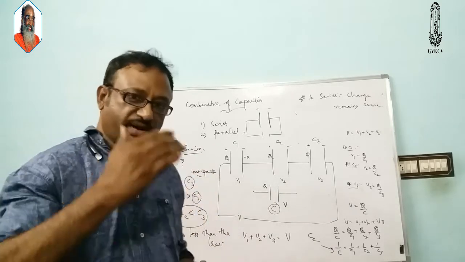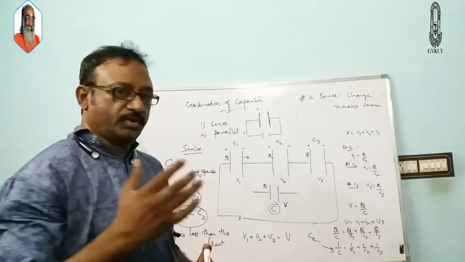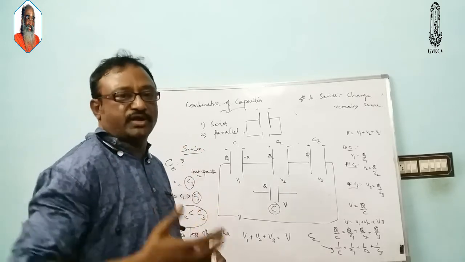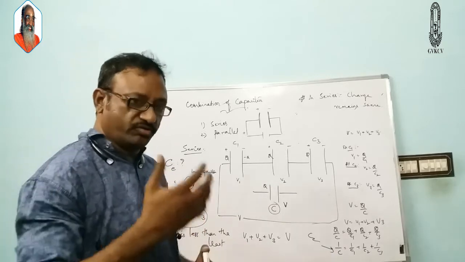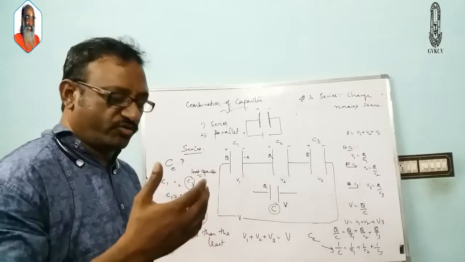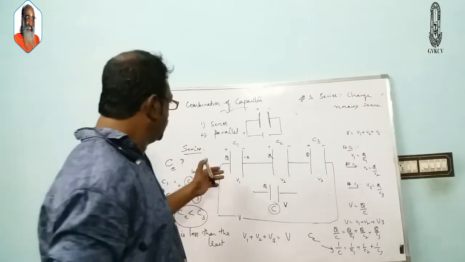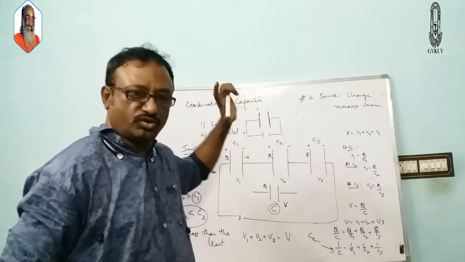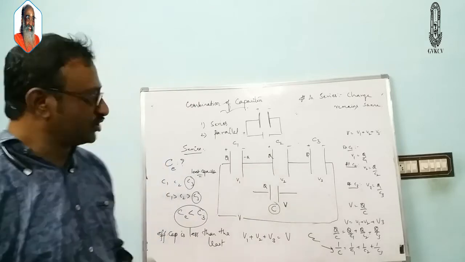If you want to reduce the capacitance, how can we make a combination of capacitors? We connect them in series. If you want to get the least capacitance, or if you want to reduce the capacitance, we have to combine the capacitors in series. So the effectiveness gets reduced when they are combined in series combination.